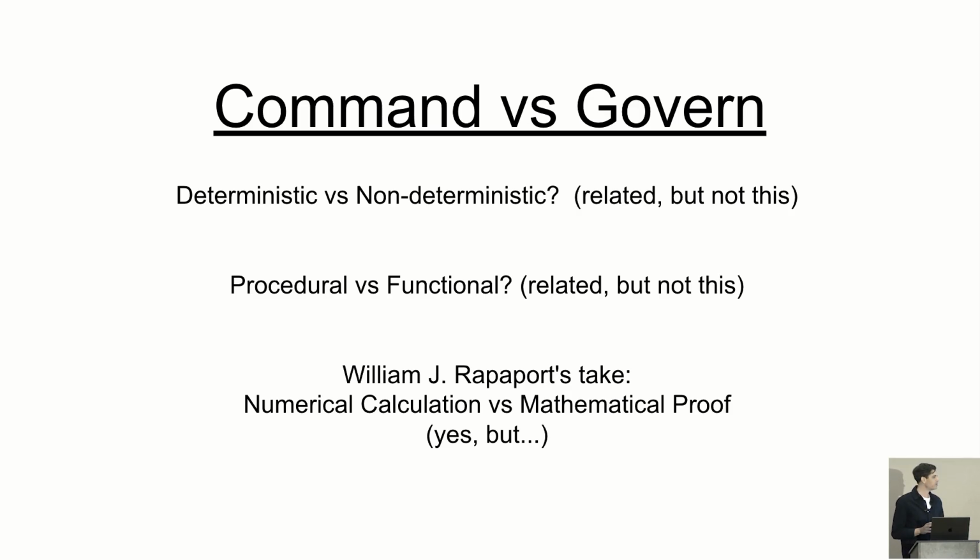I think that's related, but not exactly it. Procedural on one side, functional on the other. No, that's not exactly it, but something. I've seen a contemporary philosopher, William Rapaport, and he describes these two historical figures in just about the same way, and says on one side sits numerical calculation, on the other side sits mathematical proof. I would say yes, that's it.